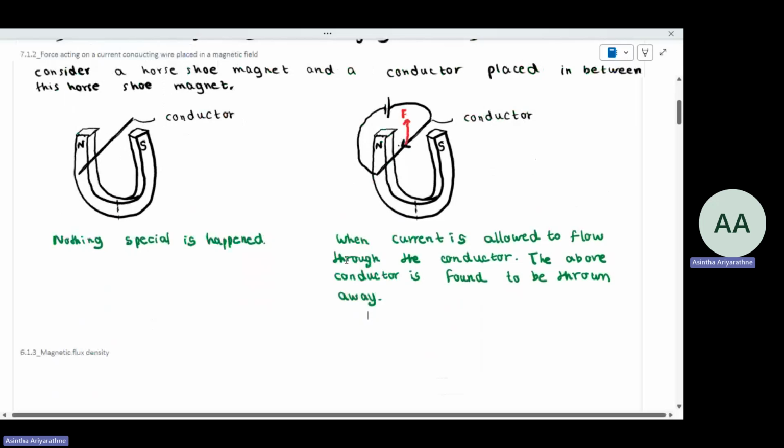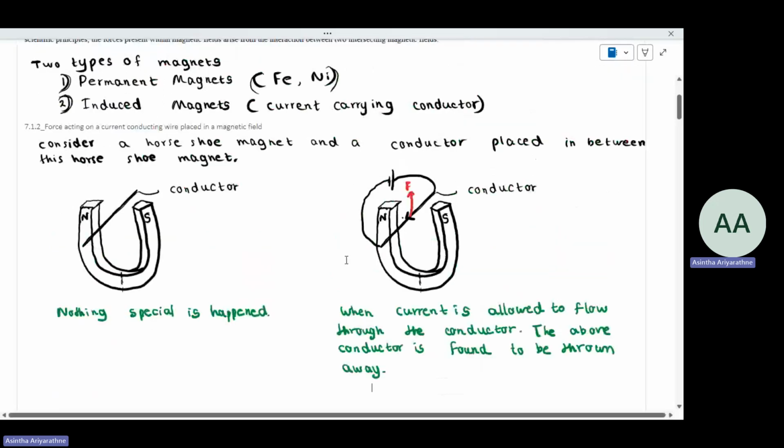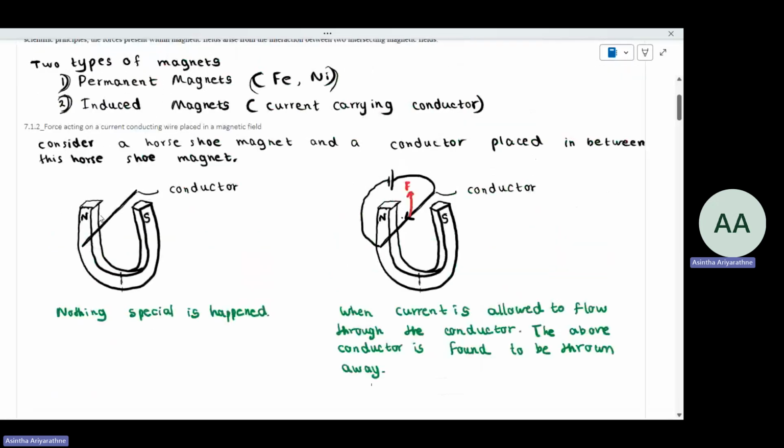Because that is due to a force. Initially, when the conductor is just kept without any current through it, it would just stay as it is, without any special effect. But when current is allowed to flow through the conductor, it is thrown away or moved, here upward.